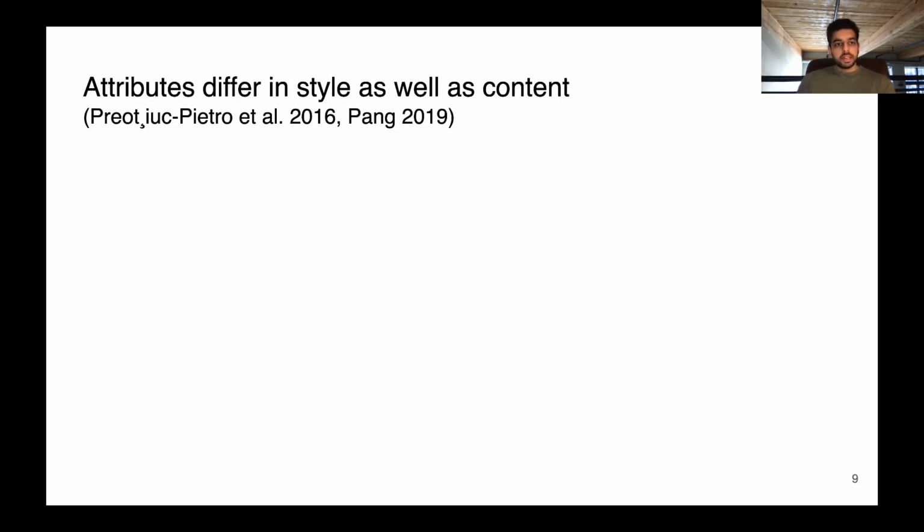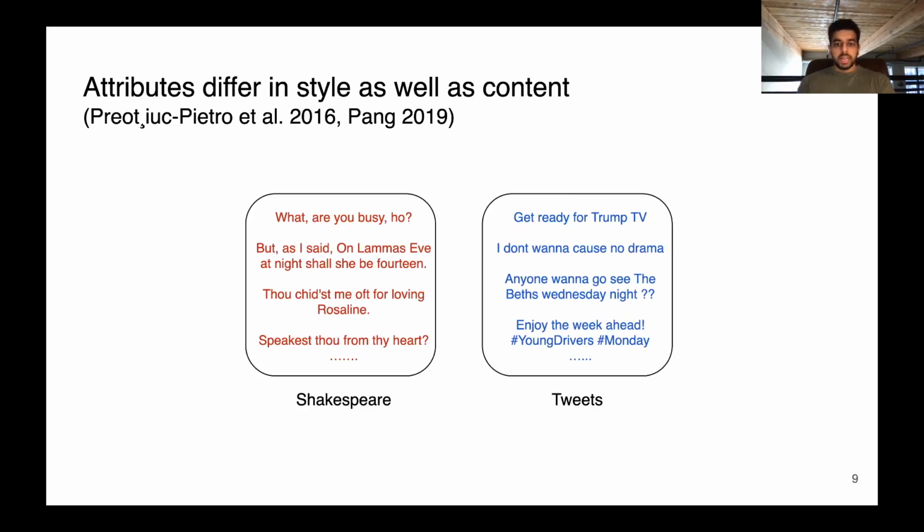One thing that has been noted is that we have, in two different stylistic corpora like Shakespeare or Twitter, not only stylistic differences, but also content differences, right? On Twitter, we might see tweets about politics or current events, or things like hashtags, which of course weren't even a thing when Shakespeare was writing.